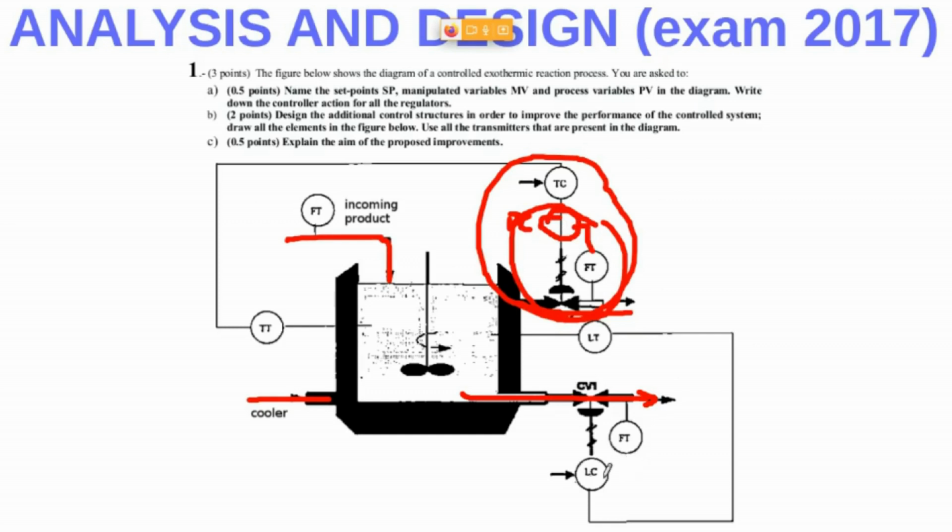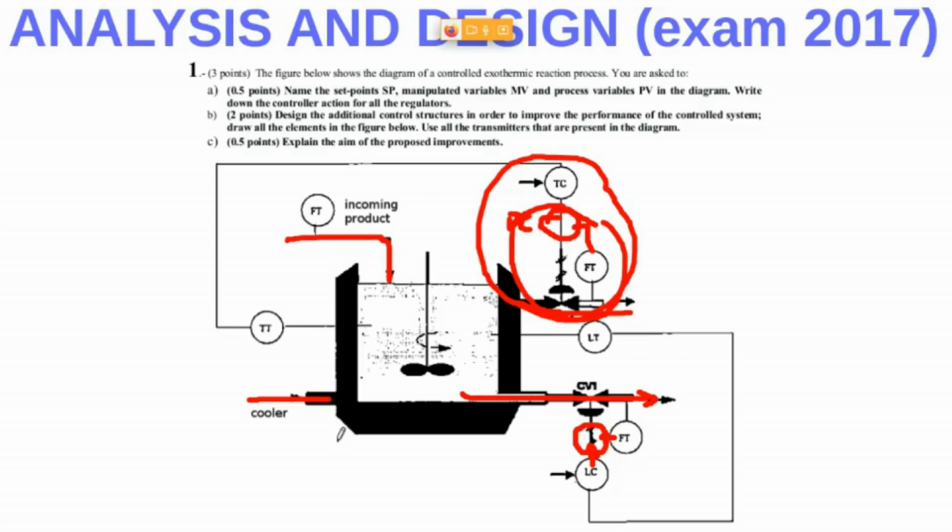On the other hand, we have the level controller here, so we can do the same. Here, we can add a flow controller, and this flow controller will receive the set point this way by means of the controller action, right? And obviously the flow rate measurement will come from this transmitter, right?